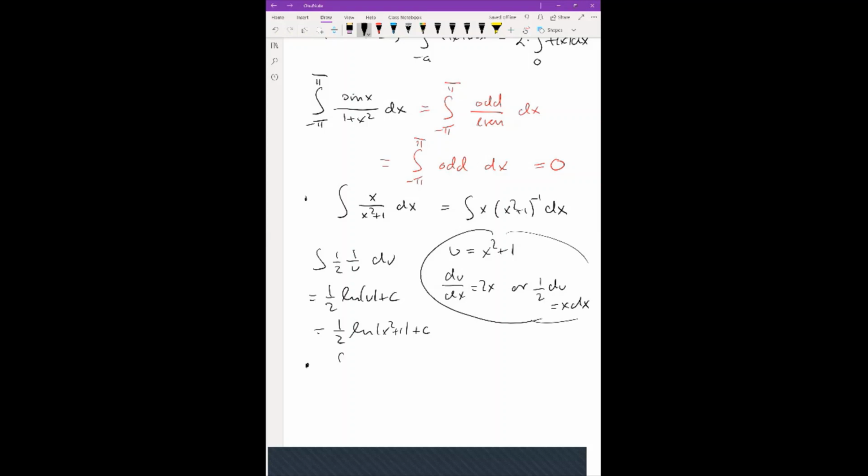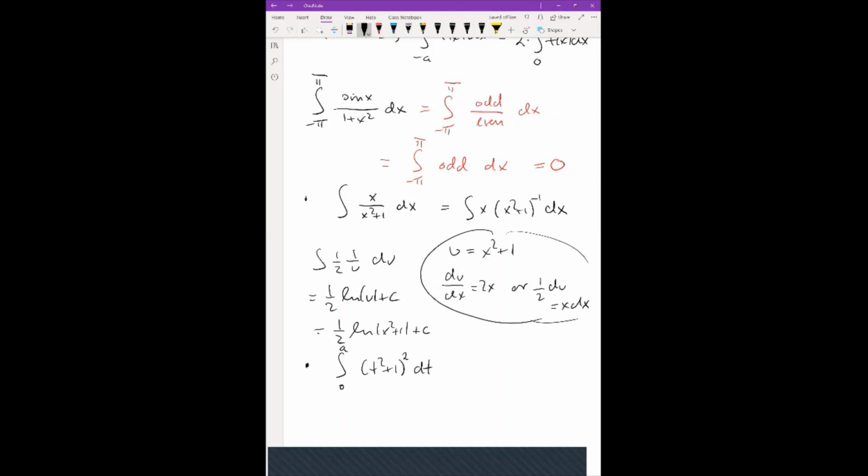Let's do the integral from 0 to a of t squared plus 1 squared dt. Now there you can try u substitution as long as you want, it will never work.